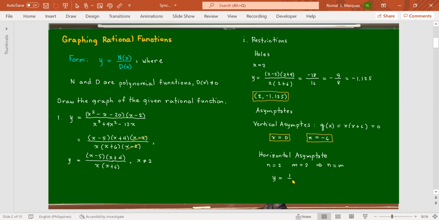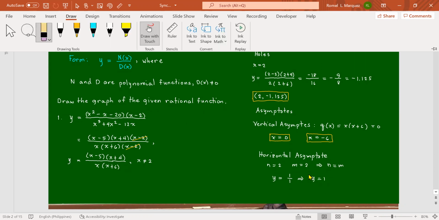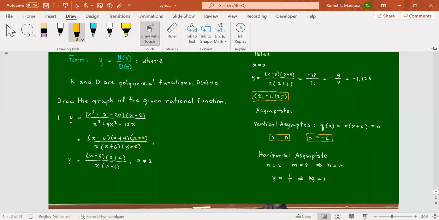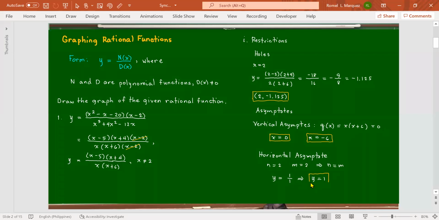Am I correct, children? So y equals 1. Is that correct, guys? Yes, sir. So there is no slant asymptote. Only a horizontal asymptote, and then vertical, of course.